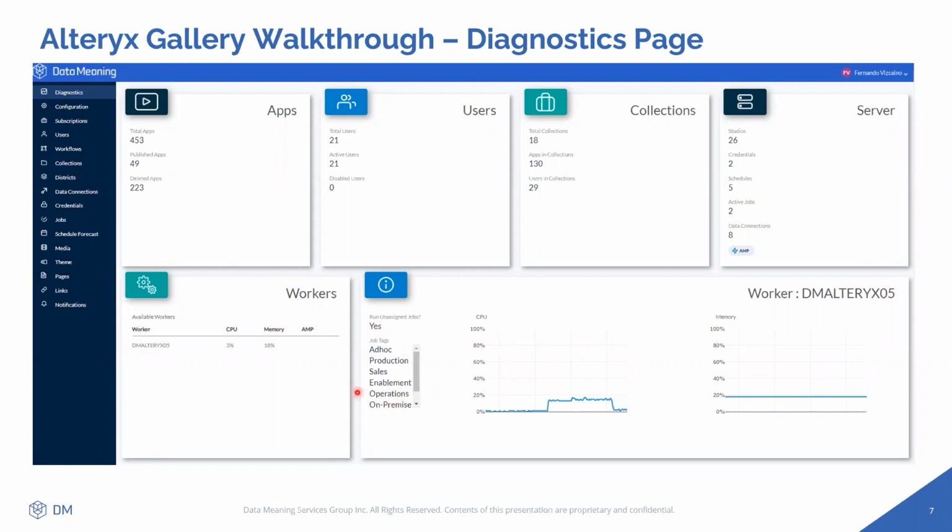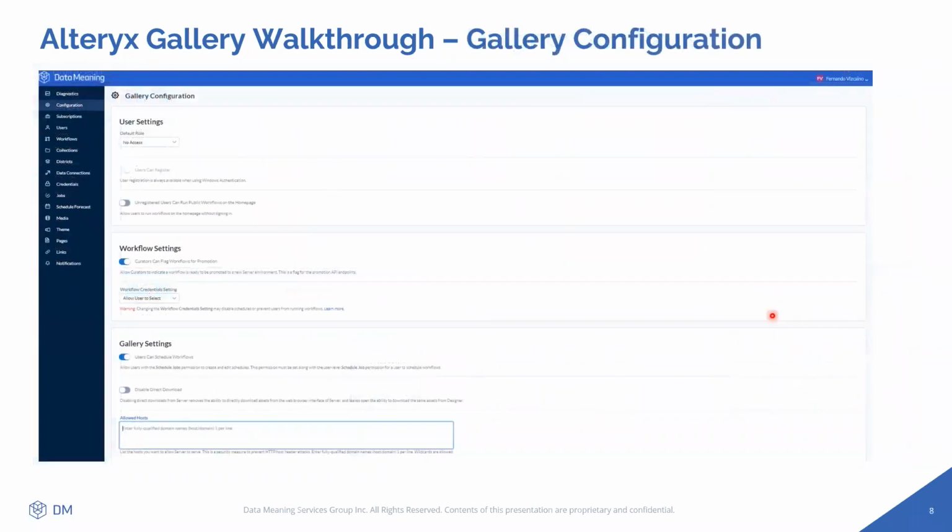You can see here information related to this specific worker, whether it is able to run unassigned jobs, and you can see the CPU and memory consumption as well, right? So it's an overview, the first page for you to start understanding what you have inside your Alteryx gallery. And when you move forward, actually you have the global settings there.